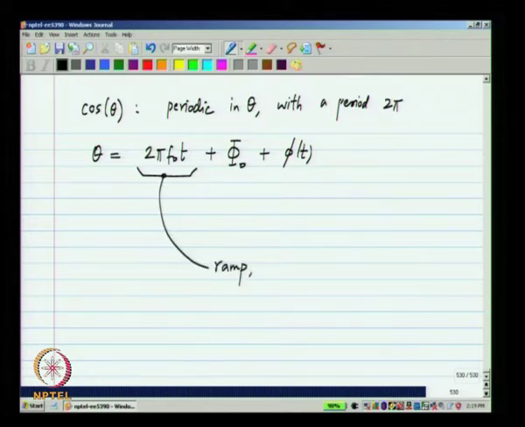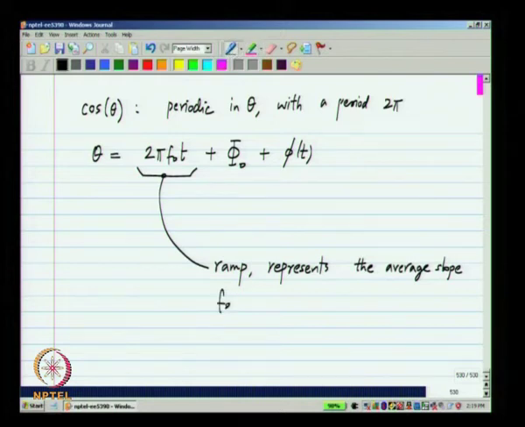This is the ramp and it represents the average slope. That is, these two parts will have a slope of 0 and this part represents the average slope.